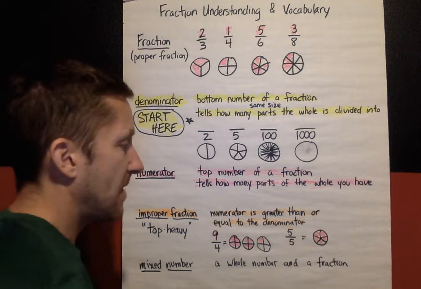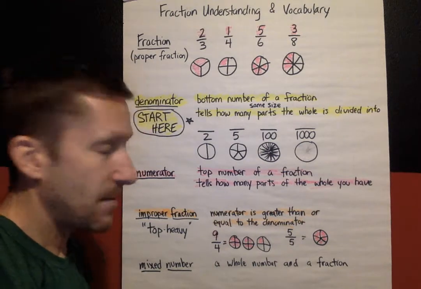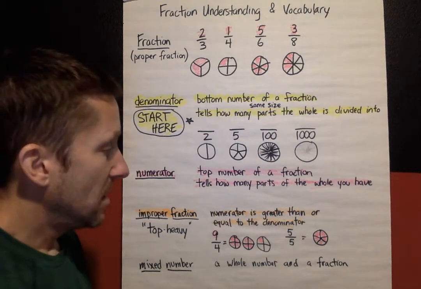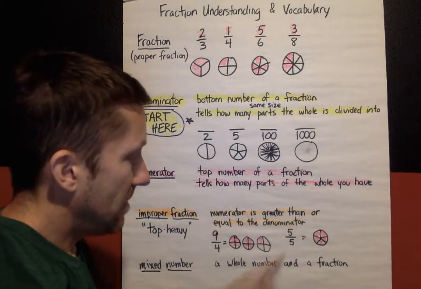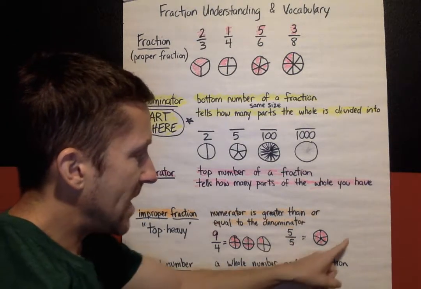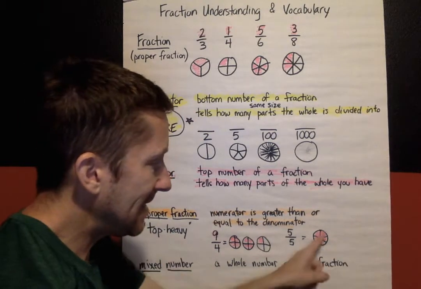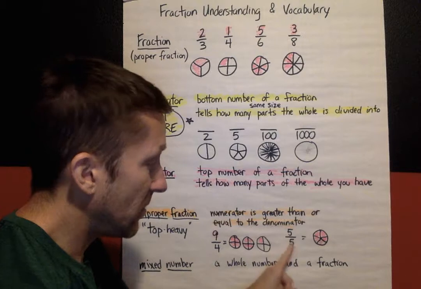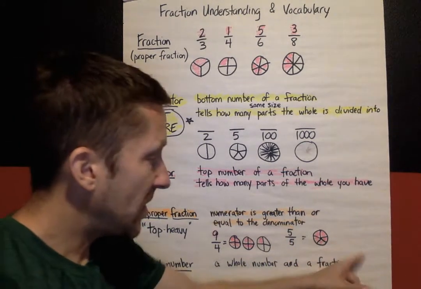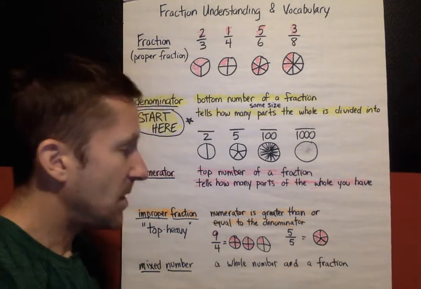There's my model for 5/5, which is also the same thing as 1 whole. If you had 10/10, you can imagine that there would be 10 slices in the whole pizza according to your denominator, and you would shade in 10, and that still would be 1 whole.